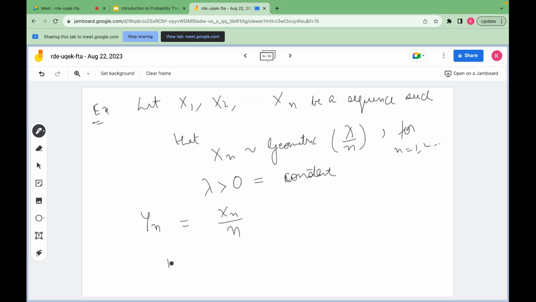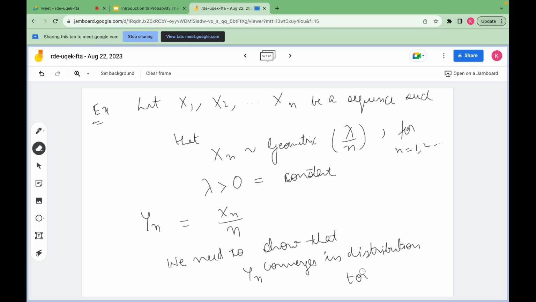Okay, now we need to show that this yn converges in distribution to an exponential distribution with parameter lambda.